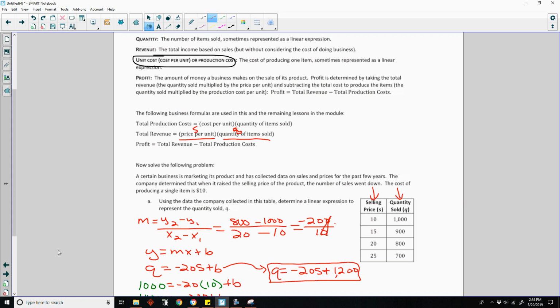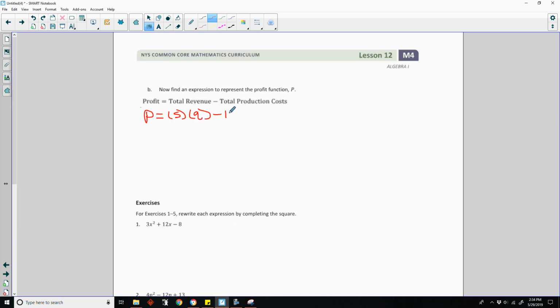Okay, and so that is minus the production cost times that same quantity sold that we have over here. So there's our equation. Hopefully you understood that. Profit, total revenue, which is S times Q, minus the cost of producing one, $10, times the quantity Q.